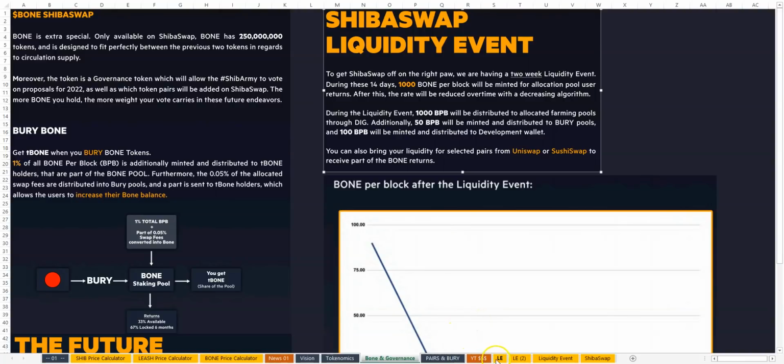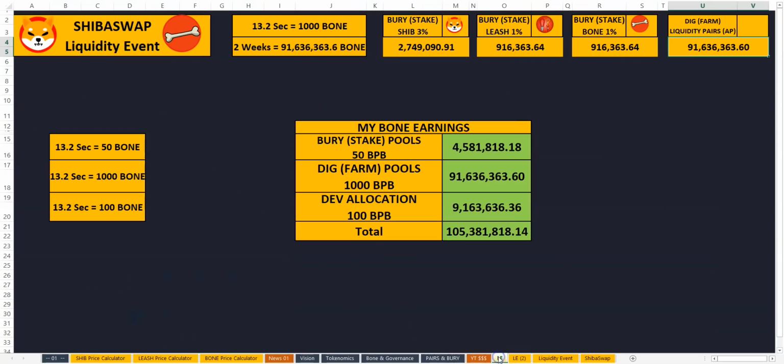Okay, let's jump into where we're going to go next. The liquidity. Okay, now let me explain. So this is the ShibaSwap liquidity event. So every 13.2 seconds, now we're getting into the tokenomics, every 13.2 seconds, 1,000 bone is going to get minted. That means 1,000 bone tokens are going to get created.